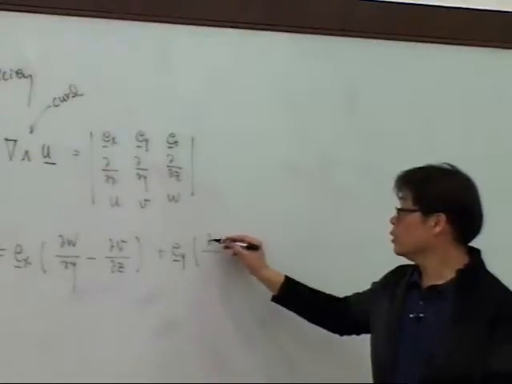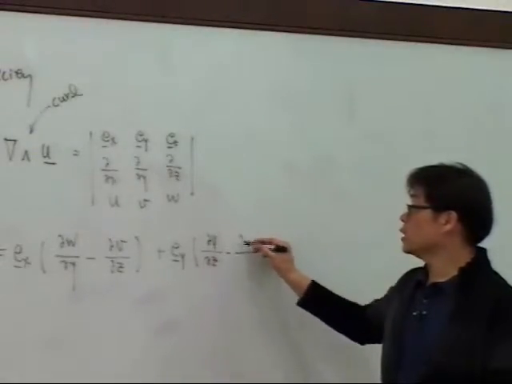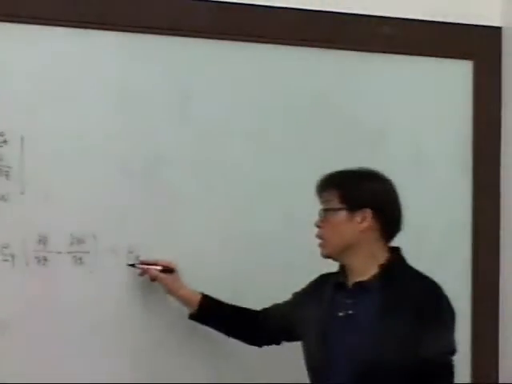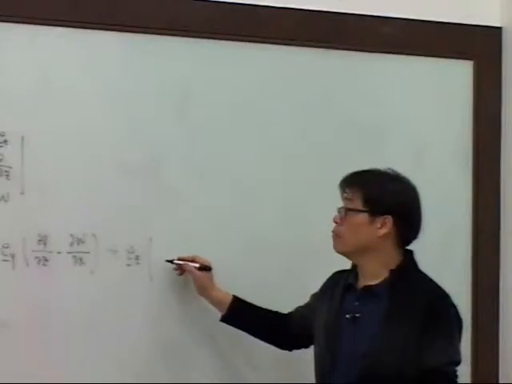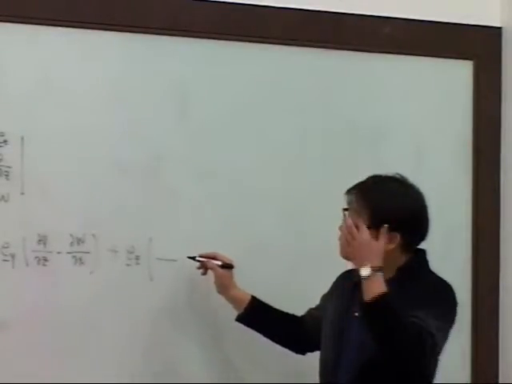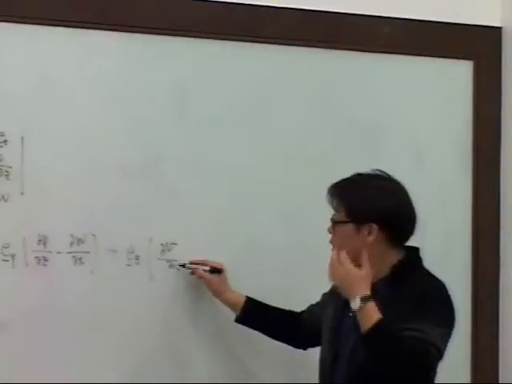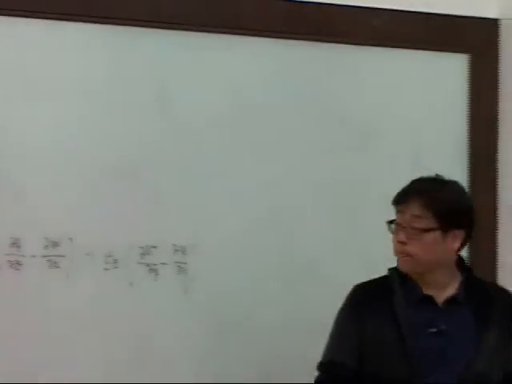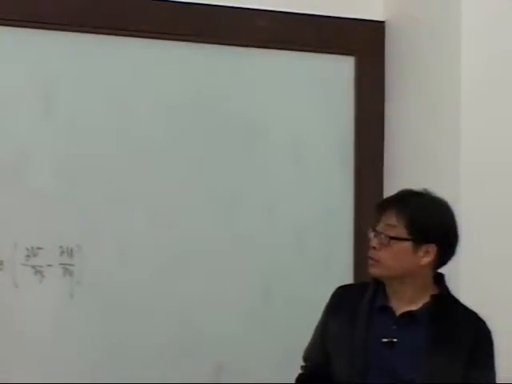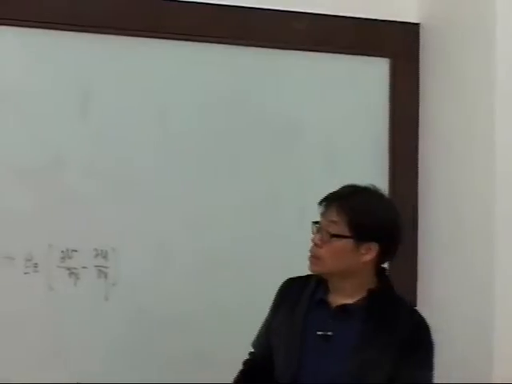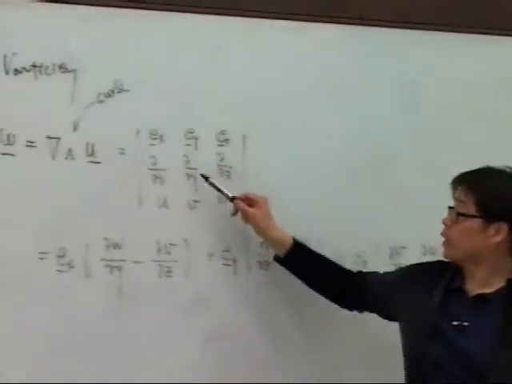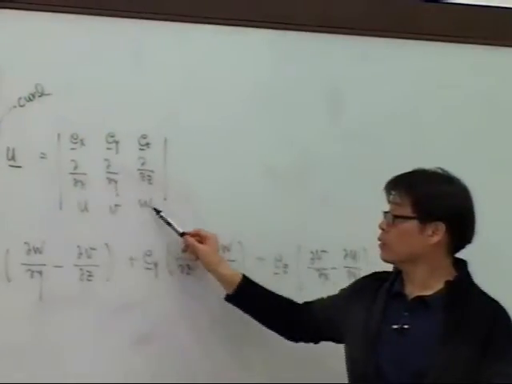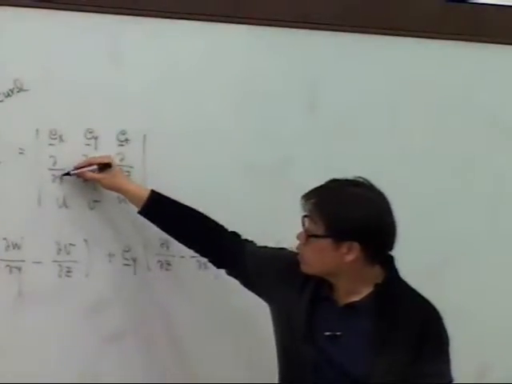The e_y component is du/dz minus dw/dx. And plus the e_z component is dv/dx minus du/dy. So the x component can be obtained by doing this, the y component can be obtained from here, and so on.